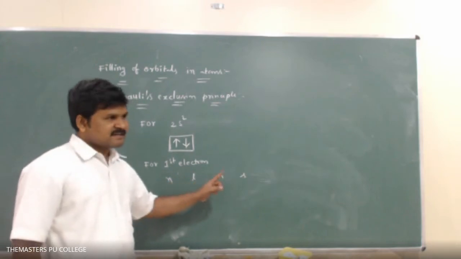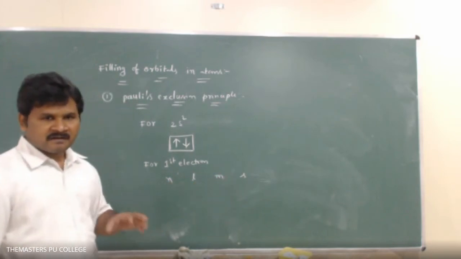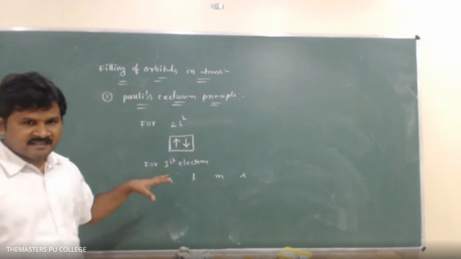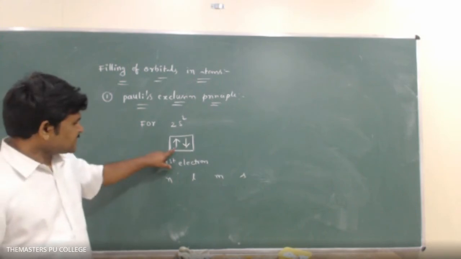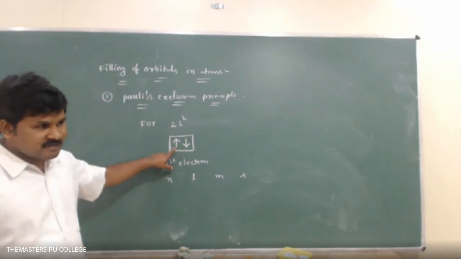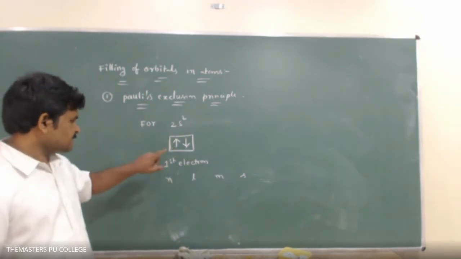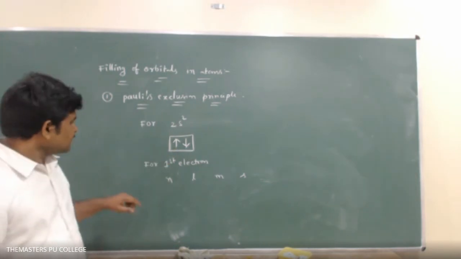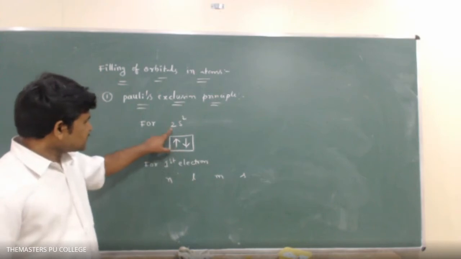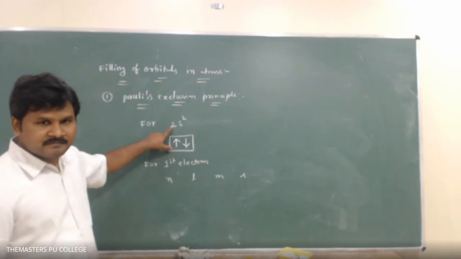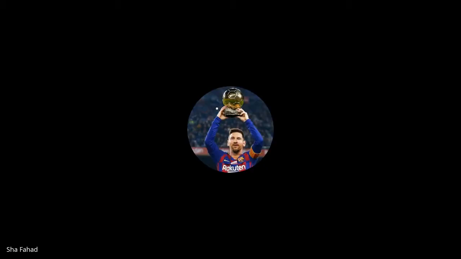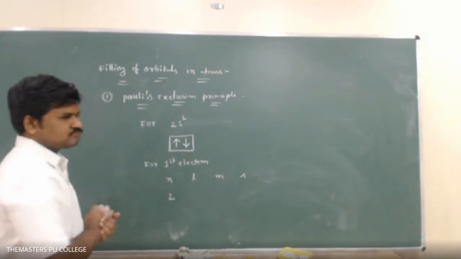How to write quantum numbers for this electron? I am considering this as the first electron. This electron is present in the 2s subshell, so its n value is 2.